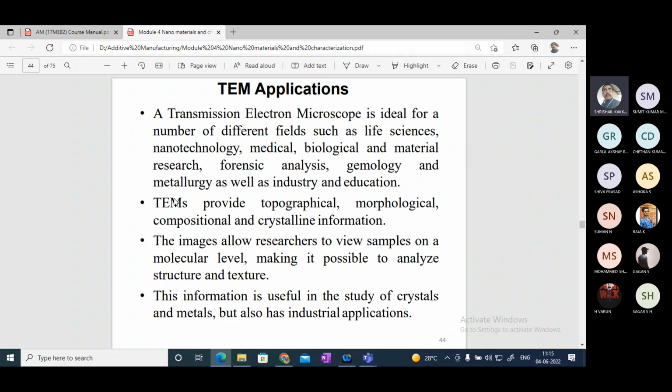Okay, this is one. And the TEM application, let me come back once again.